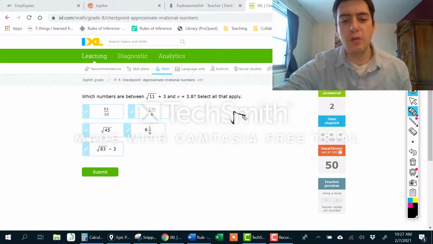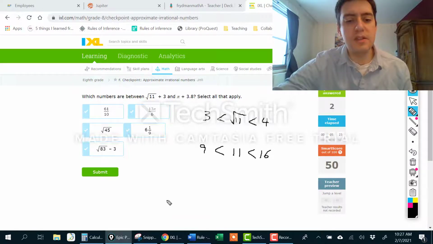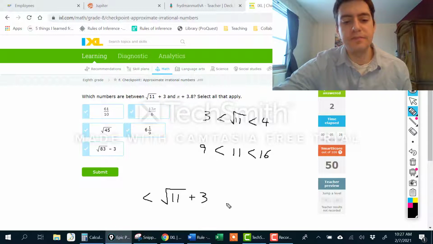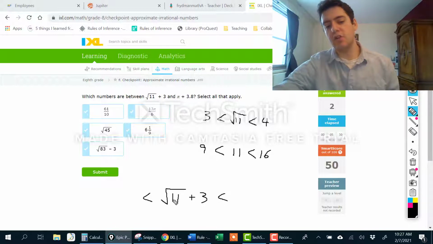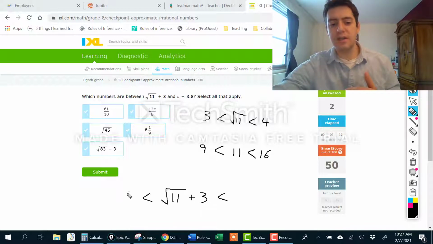We'll say that the square root of 11 is, let's see, here we could say 9 is a perfect square on that side and 16 on that side. So I know that the square root of 11 is going to be between 3 and 4, which means that for the square root of 11 plus 3, if I take the smaller number, 3, then 3 plus 3 is 6.